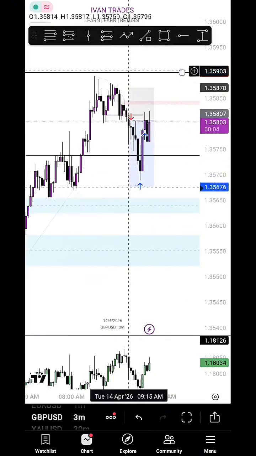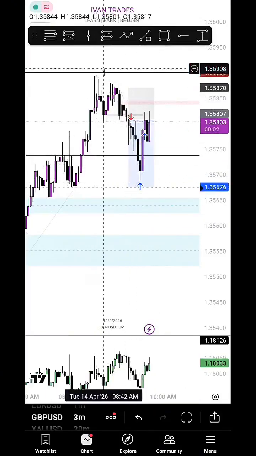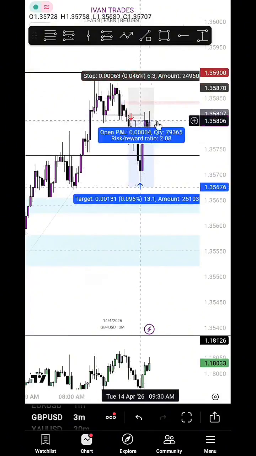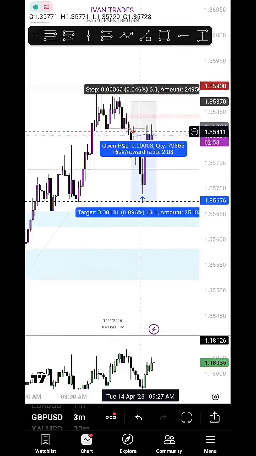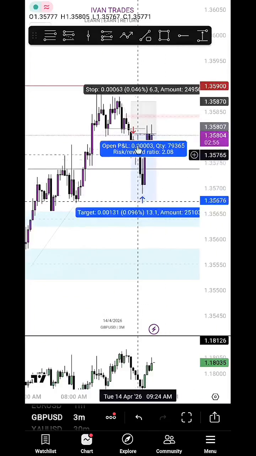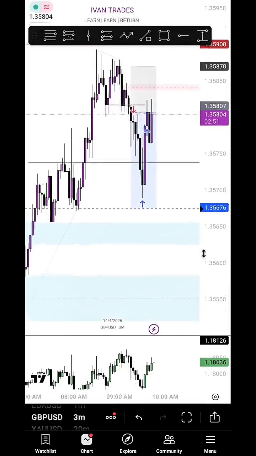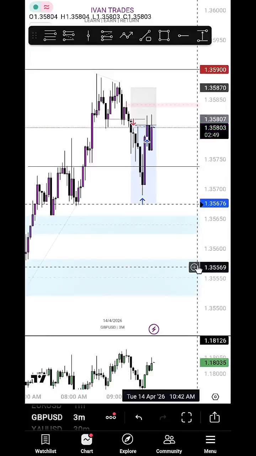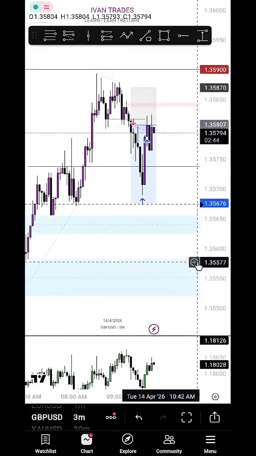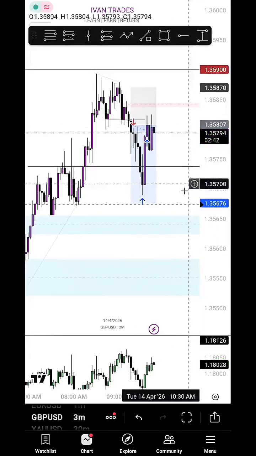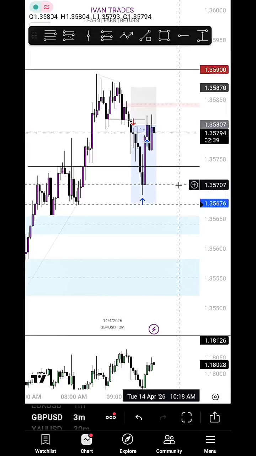So far, these relatively close can still be revisited, but ideally not now, because right now, as we have retested the discount of the range, we should attack some buy side liquidity. So that is why, because I've been stopped out break even, I'm not in a haste to look for some kind of re-entries.